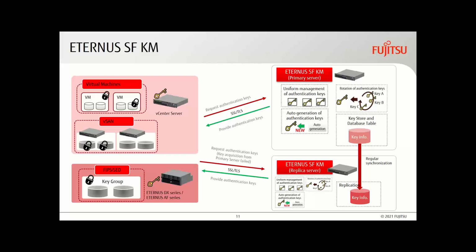Network traffic between KM and external systems such as vCenter or ETERNUS is encrypted using the SSL protocol. So we must have valid certificates on both ends, KM and the encryption system. To obtain them, you can use either a third-party authority to sign the certificates, or you can generate self-signed certificates from the systems themselves.